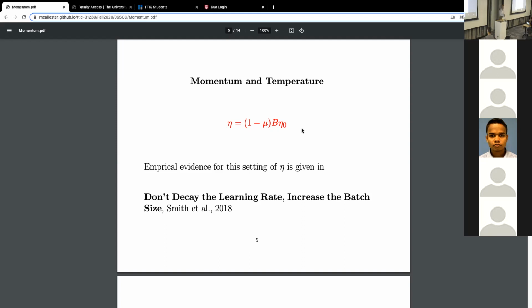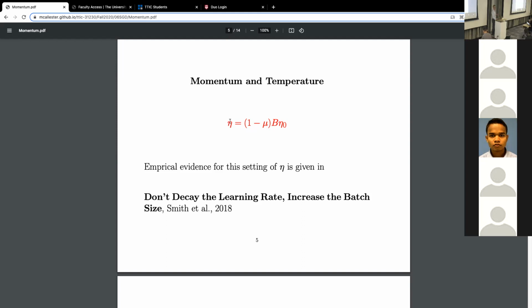One way to think about this is that if you use a learning rate with no momentum and batch size 1, and you conceptually tune that learning rate to perform well, whatever your performance metric is, then if you introduce B and mu, you take the learning rate that you found for batch size 1, and by this formula, you get the learning rate that gives you the same temperature.